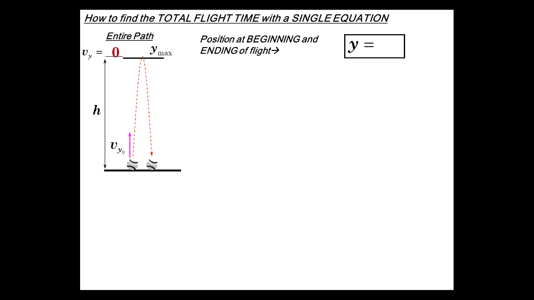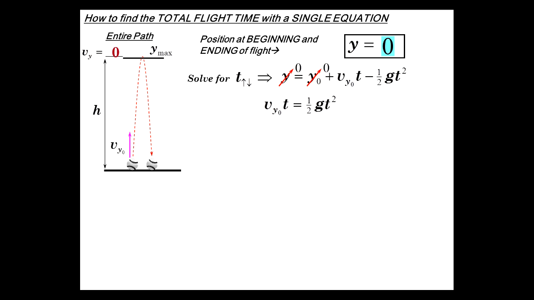And now here's a couple things to know. The position of the ball at the beginning and the ending of the flight is, what would be a logical position to call this? That's right, 0. So our equation 5 to solve for the time, here it is, the full expression: final position, initial vertical velocity, acceleration, with the time in there a couple of times, gives us the ability to do this all at once, knowing that initial and final are both 0 positions.